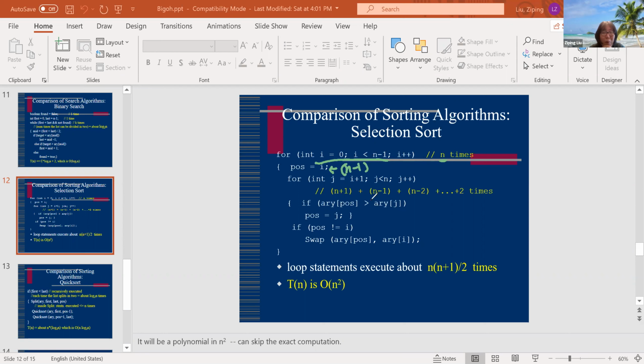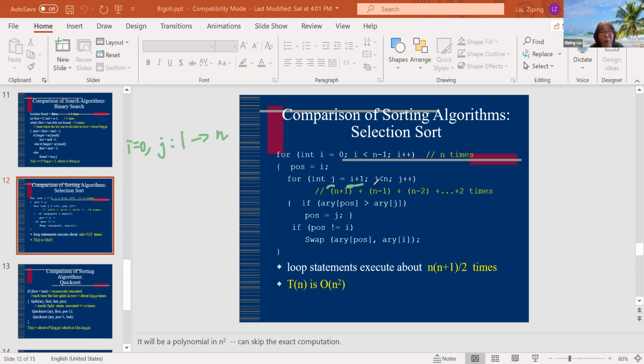Is it n minus 1 times? And then for the inner loop, we need to be careful, because j depends on i. So let's take a look. When i is 0, j will loop from 1 to n.